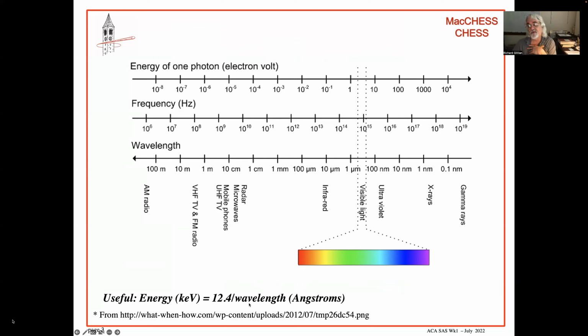You just take 12.4 divided by one, and that equals the other. So in X-ray solution scattering, we are often working somewhere between 10 keV and 12 keV, and that's about 1.2 angstroms or less for the wavelength of light.